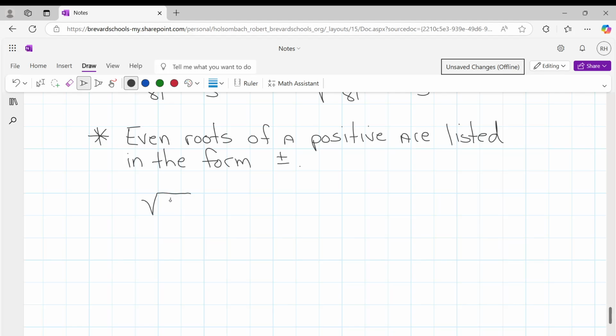The square root of 4 is equal to positive or negative 2. The square root of 16, that's an even root of a positive number, is equal to positive or negative 4.